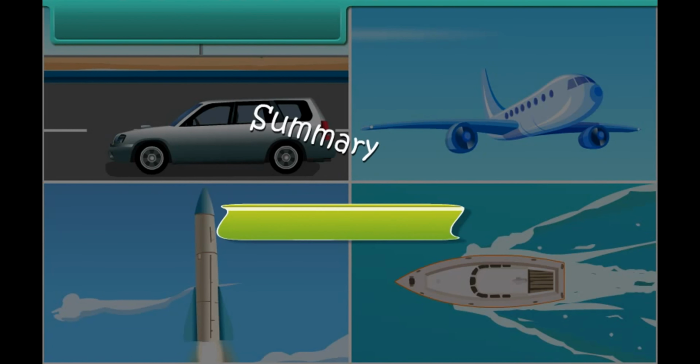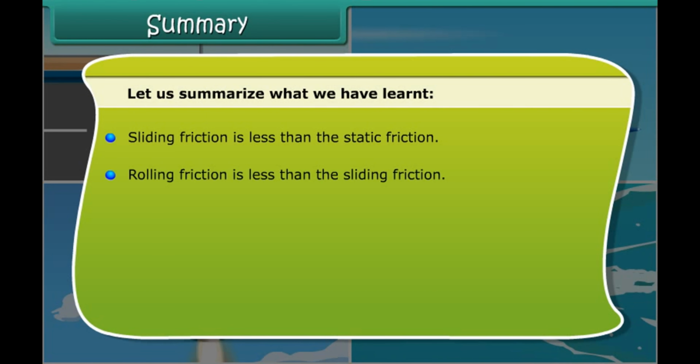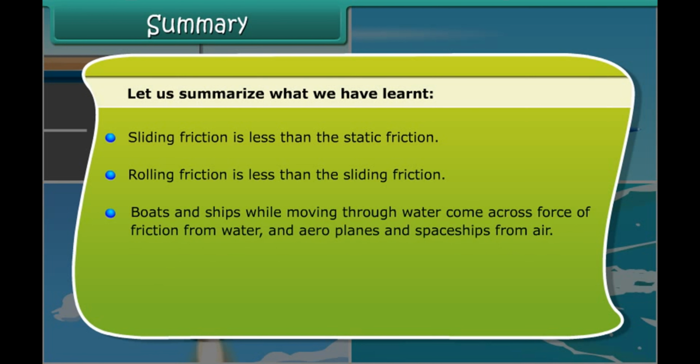Summary. Let us summarize what we have learnt. Sliding friction is less than static friction. Rolling friction is less than sliding friction. Boats and ships, while moving through water, come across force of friction from water, and aeroplanes and spaceships from air.